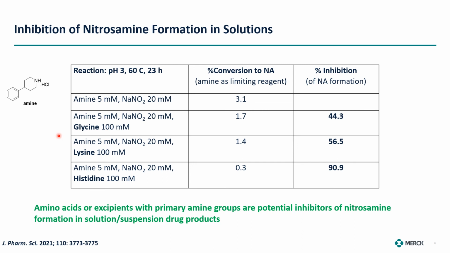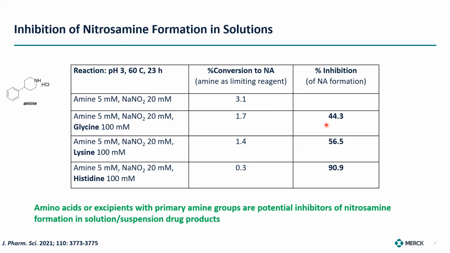And we know from my previous slide that when a free amino group is present, the inhibition mechanistic pathway goes through diazotization. And what I found was that all these 3 amino acids did a pretty good job in inhibiting nitrosamine formation.